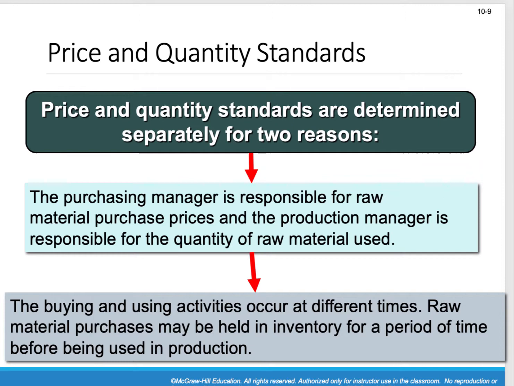The production manager is responsible for the quantity of that raw material used. And again, those two activities, buying and using, occur at different times. Think about it: we may buy raw materials and hold them in inventory for six months or a year until they're used.